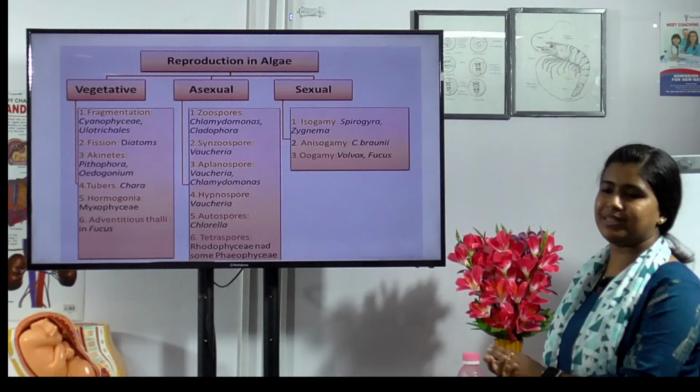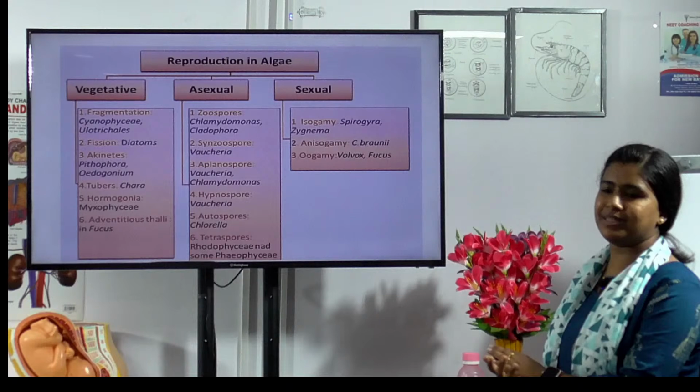Yes, a sugar molecule, correct. The chloroplast can be discoid, plate like, reticulate, cup like, there are different shapes also. They have flagella, what is the function? Yes, locomotion. And for reproduction, they reproduce vegetatively and by sexual methods.